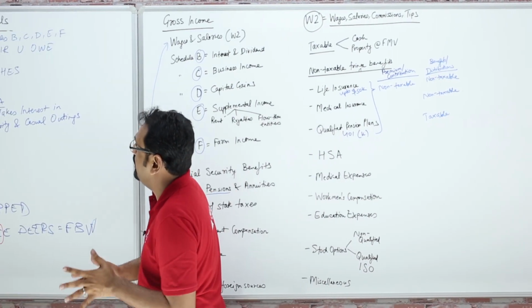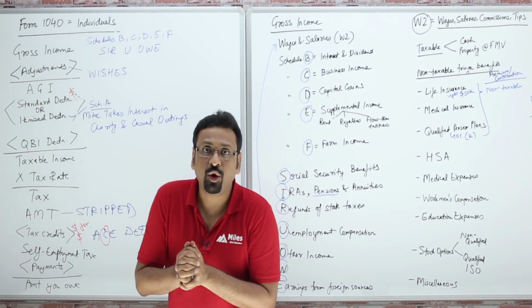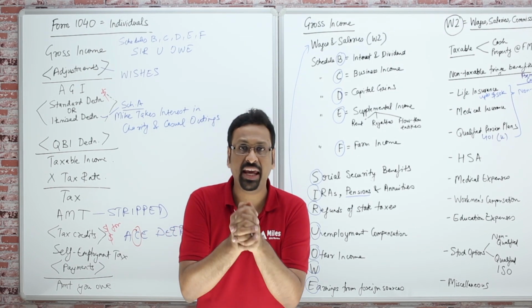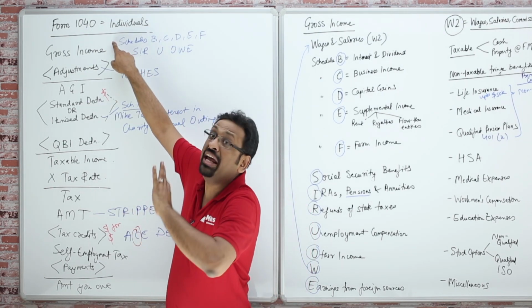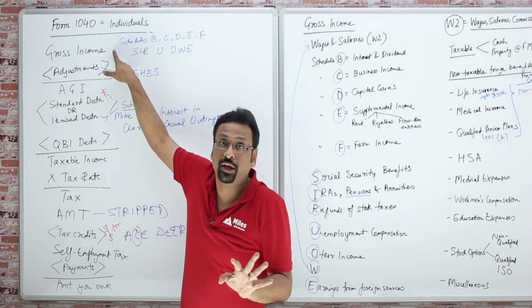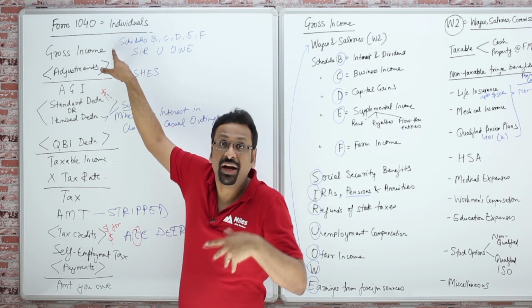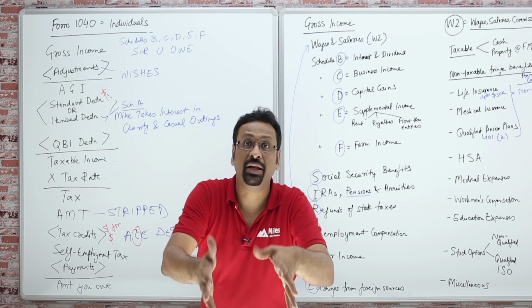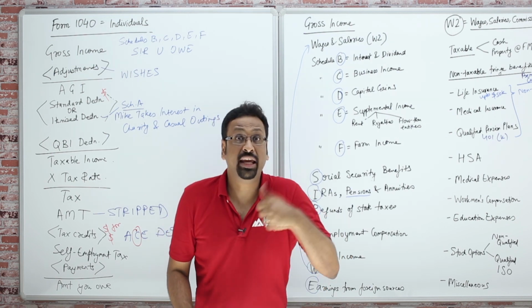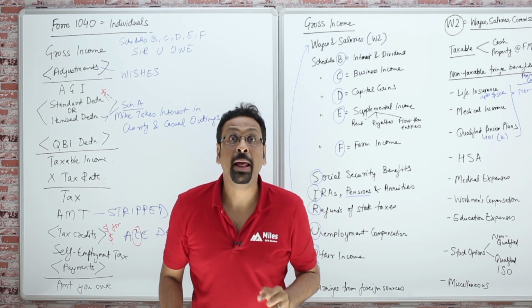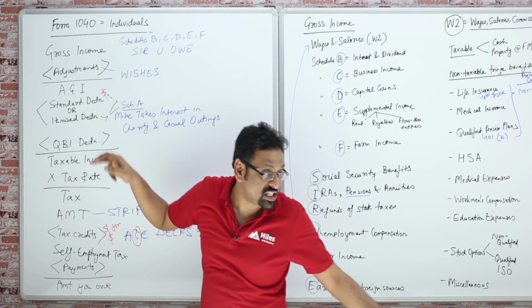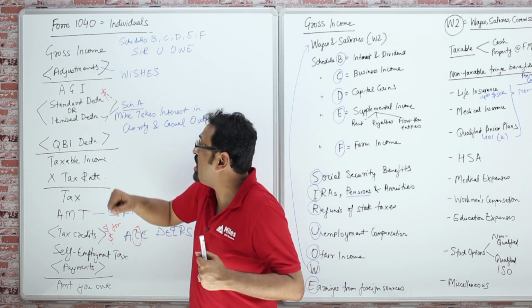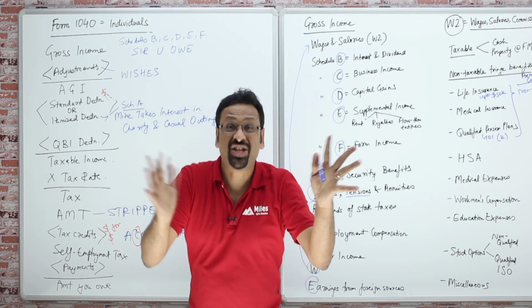So what I'm saying here is, if your employer is paying for your health savings account, it's a non-taxable fringe benefit. It does not get included in your gross income. But if the employer pays you the money and you have to take care of your own health savings account, that is actually going to be a deduction to AGI, an adjustment. So when we looked at adjustments, we said our mnemonic was wishes.